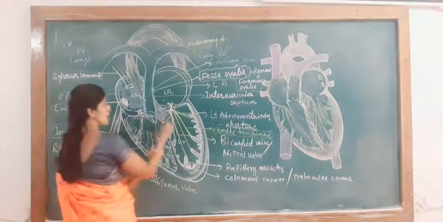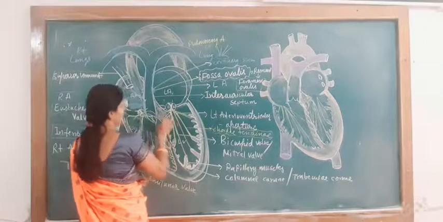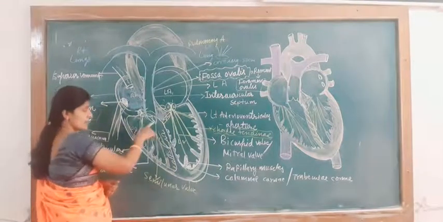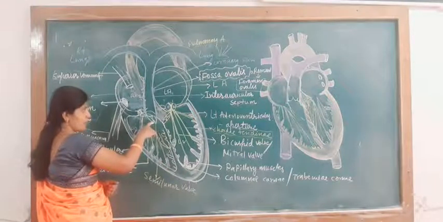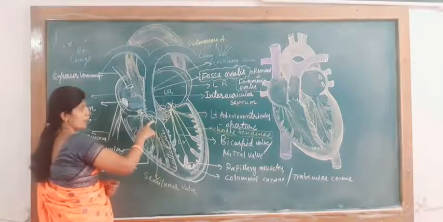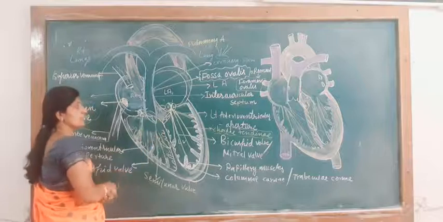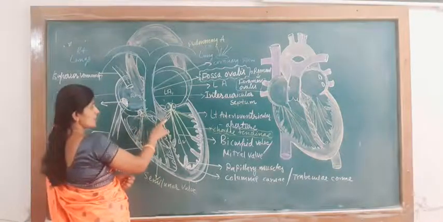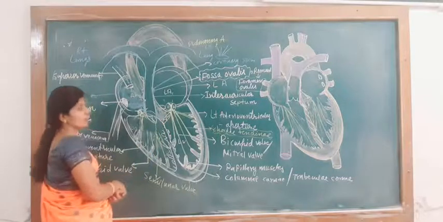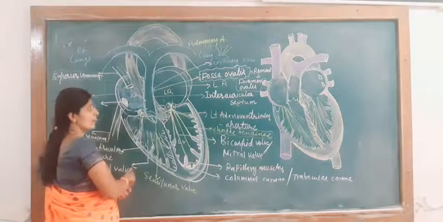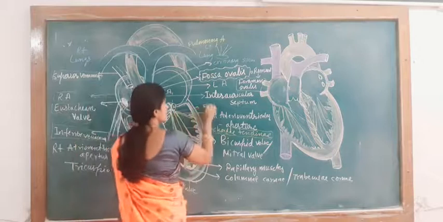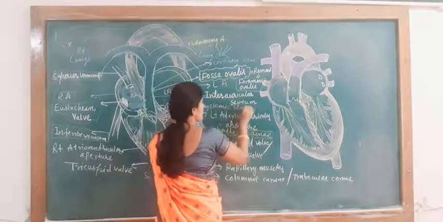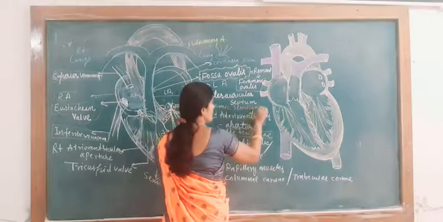Here also one valve is present. That valve is also called a semilunar valve. But this one is the pulmonary semilunar valve, and this is systemic. It is present in the systemic arch, so it is called the systemic semilunar valve.